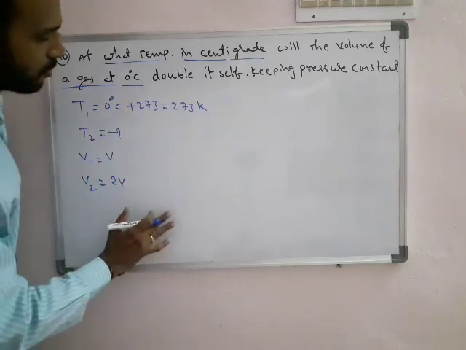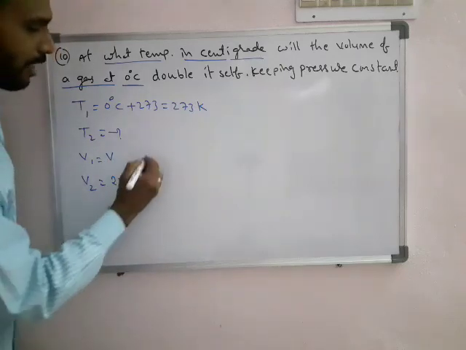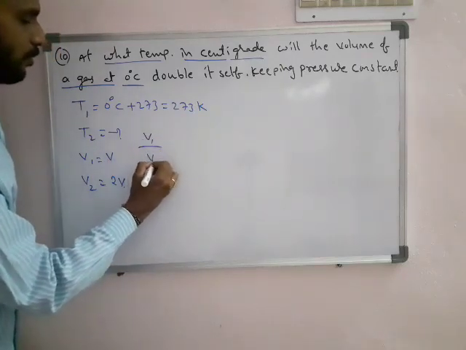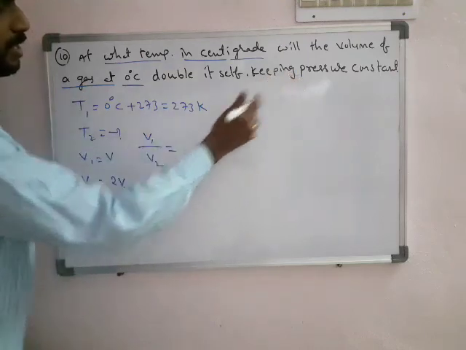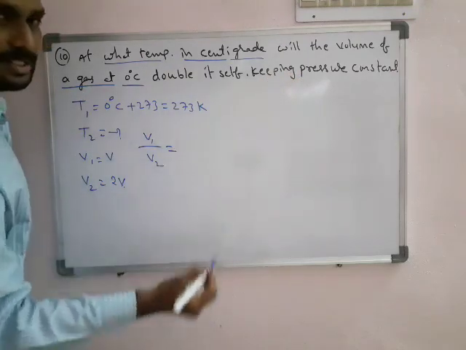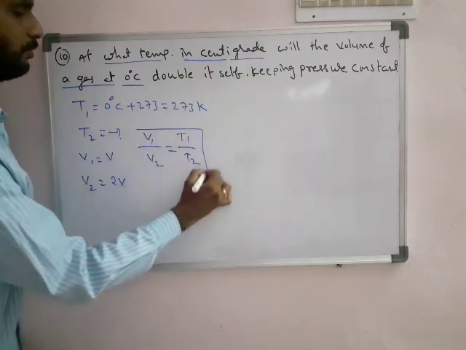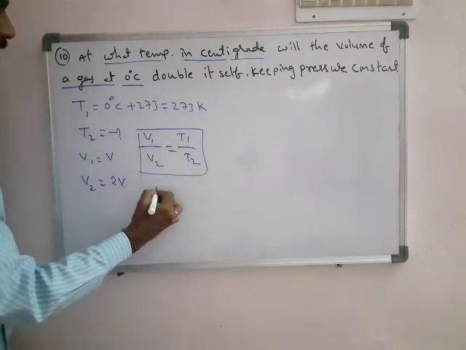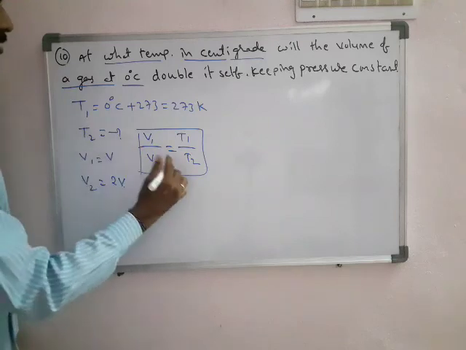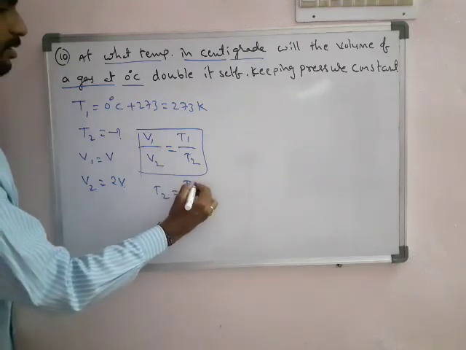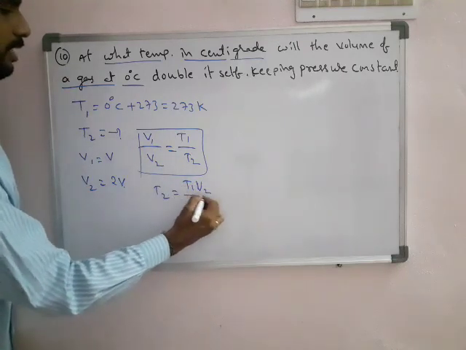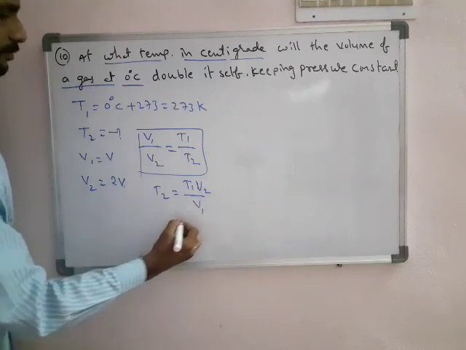To find it in centigrade, the formula is in Kelvin, so we must do the problem in Kelvin. Volume proportional to temperature at constant pressure indicates Charles law. V1 by V2 is equal to T1 by T2. Find T2: T2 becomes T1 V2 by V1.